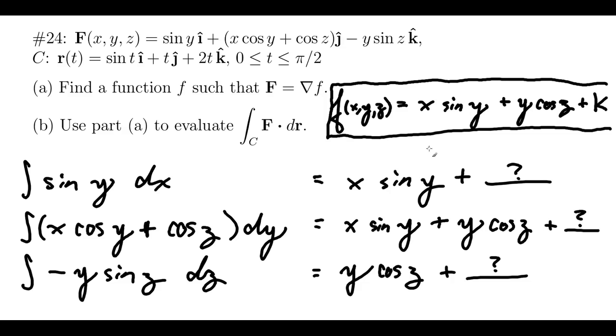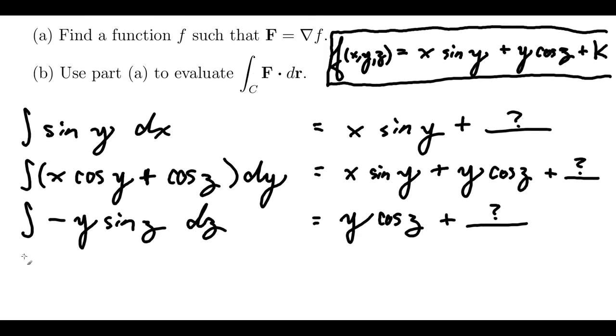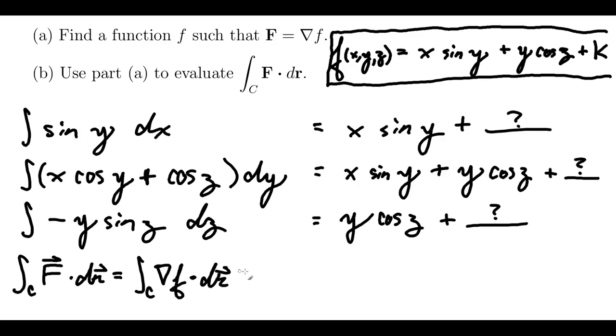But we have that. Now, we are asked to use part A to evaluate the integral of F dot dr. Well, we want to find the line integral along C of big F dot dr, but we have just found that big F can be written as the gradient of some other field, a scalar field.